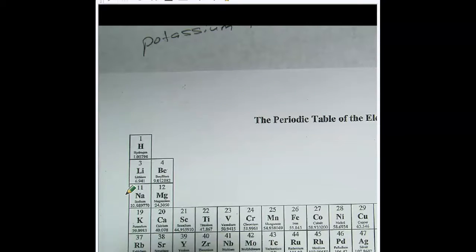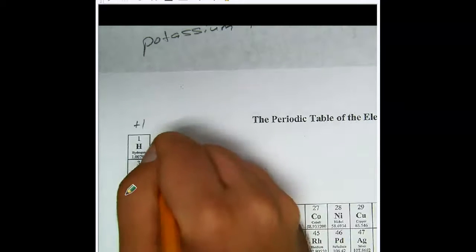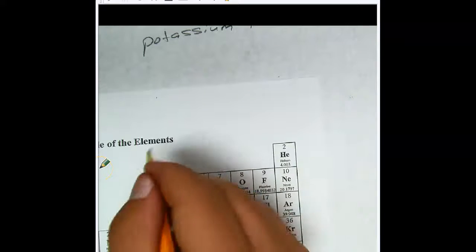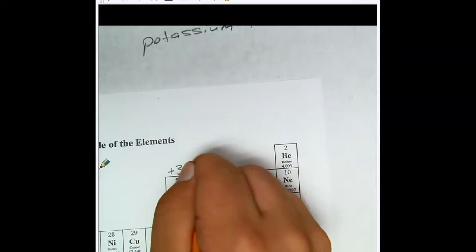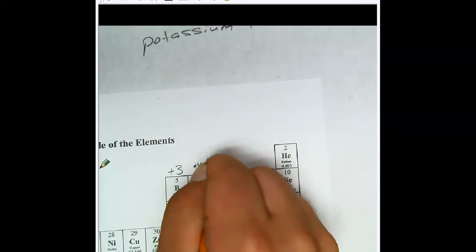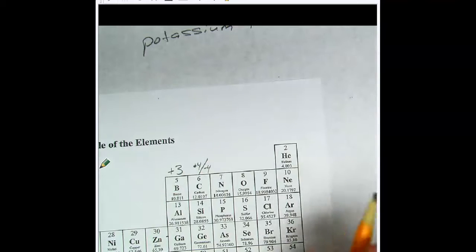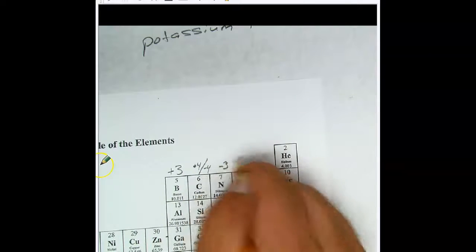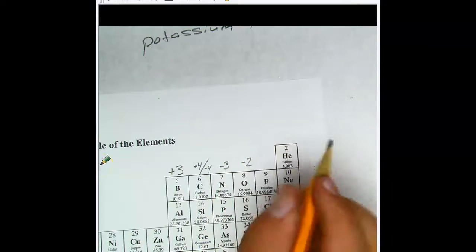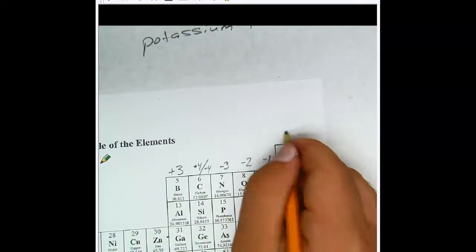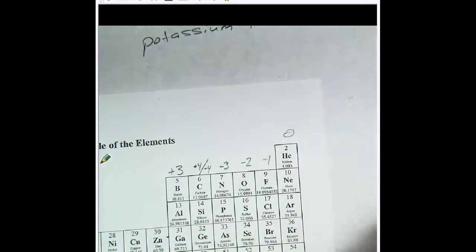Column 1 has a +1 charge. Column 2 has a +2 charge. Column 13 way over here has a +3. Column 14 has a unique one. It's +4, but it's also -4. It can be either one. Nitrogen has a -3. This column has -2. Fluorine has -1, and this last column does not have any charge because they're happy.